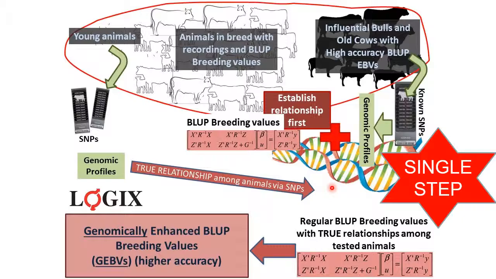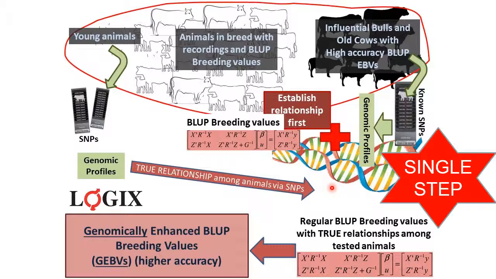So in the case of, let's say, half sibs, we know on average half sibs are 25% related. But once the genomic information of those half sibs are known, it can be established that some are more related than the average value of 25% that was assumed, and some are less related than the assumed 25%.